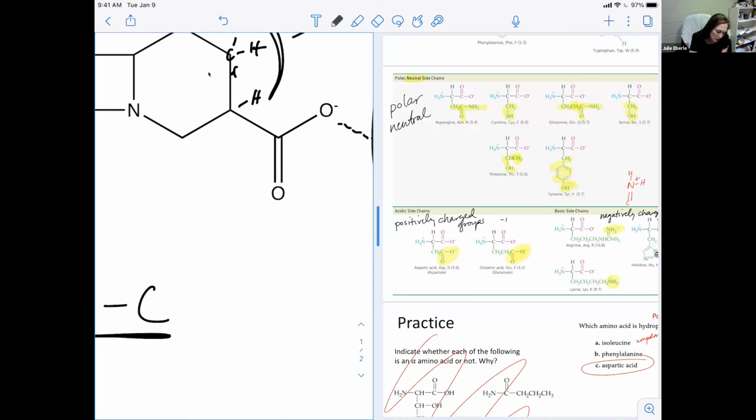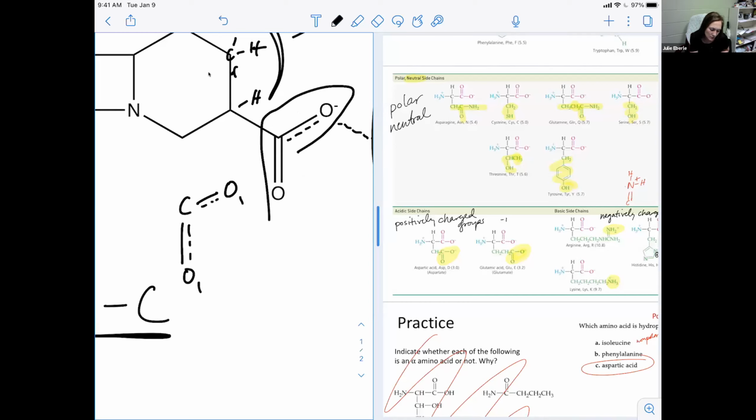Oftentimes you'll see it drawn with dotted lines to both. What that means is the electrons in the double bond can flip back and forth between the oxygens. So don't separate these two oxygens. Just think of this group as one whole and tell me what kind of side chain would interact with that group?